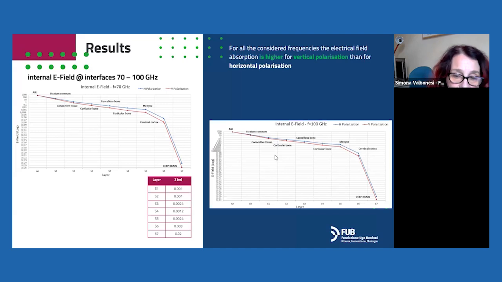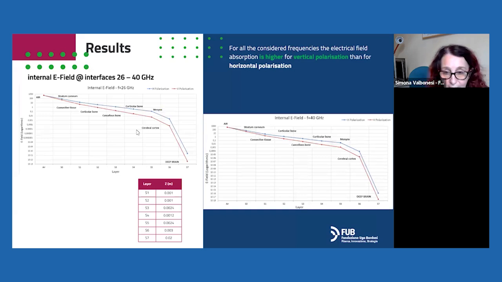From the plots, it emerges the confirmation that the absorption from tissues increases with the frequency. The absorption pattern is the same for each frequency, but what varies is the amount of electric field that reaches the deep brain.